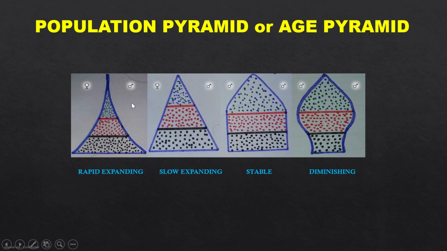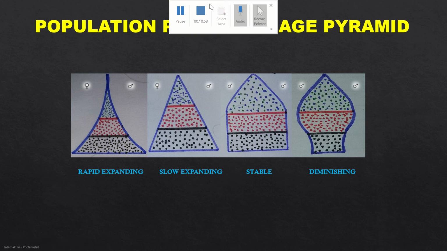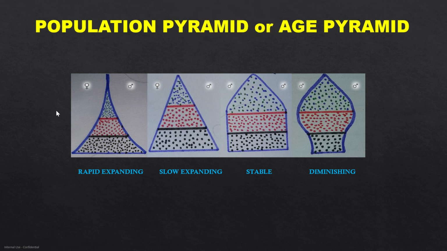Now, the black dots represent the pre-reproductive age group, while the red ones depict the reproductive age group and the blue-green dots represent the post-reproductive age group.